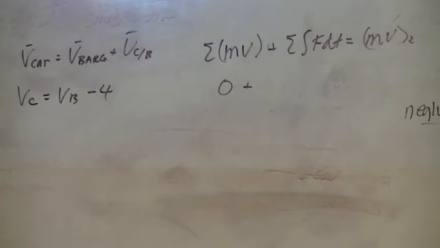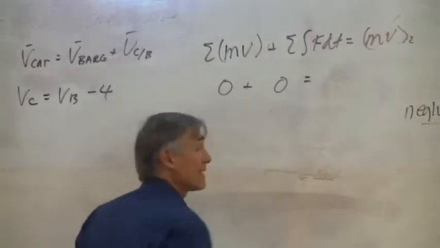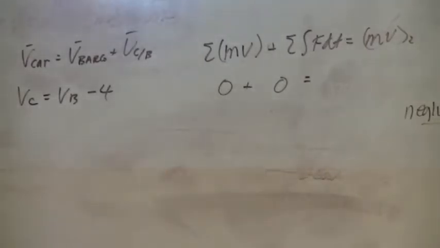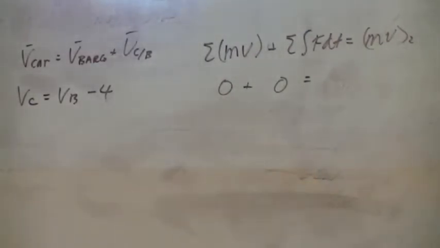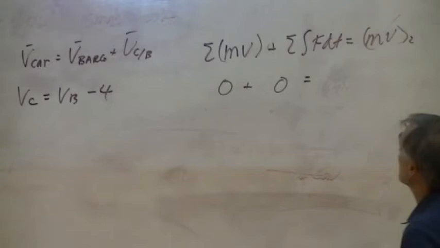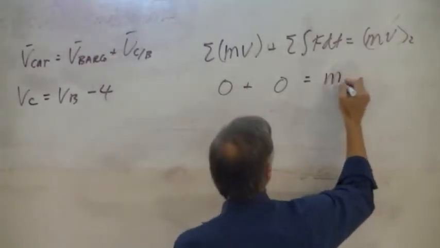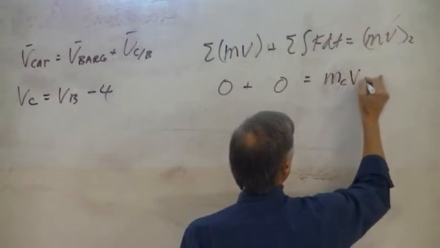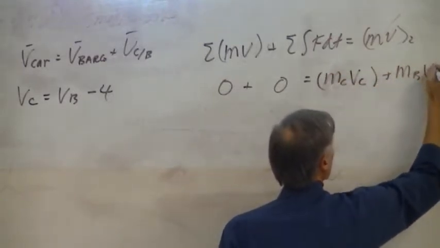So what's my integral of F dt? That's going to be 0 too. So I just basically have ending momentum. Ending momentum is actually equal to 0, isn't it? Because everything on that side of the equation is equal to 0. But we'll get to that. Let's talk about the momentum. We'll have the mass of the car times the velocity of the car plus the mass of the barge times the velocity of the barge.